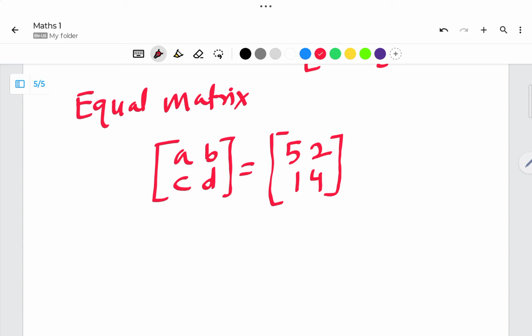This is 2 by 2, this is 2 by 2, and there is an equal sign between them. Then A is equal to 5, B is equal to 2, C is equal to 1 and D is equal to 4. So this can be said to be an equal matrix.